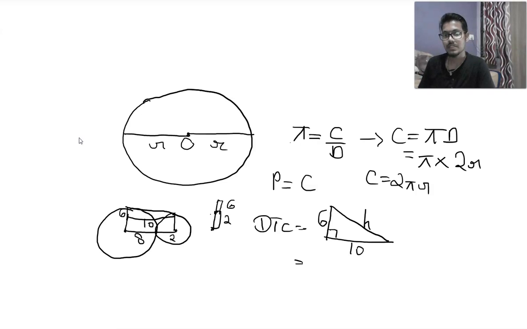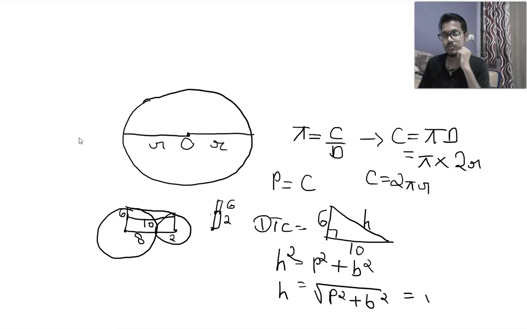We know the Pythagoras theorem: h squared equals perpendicular squared plus base squared. To get the hypotenuse, we take the square root. Here perpendicular 6 squared is 36 plus base squared 100, total 136. It means under root 136.